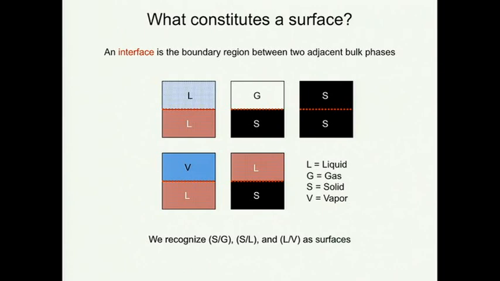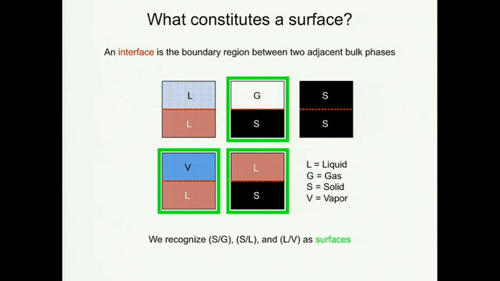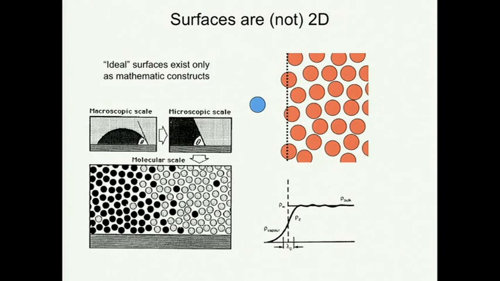So if we want to talk about surface properties, we should obviously first define what a surface is. A surface is an interface, the boundary region between two adjacent bulk phases. For example, gas-solid, vapor-liquid, liquid-solid. These three have a surface between their interfaces. So you may think of a surface as a 2D plane, but it's actually not.